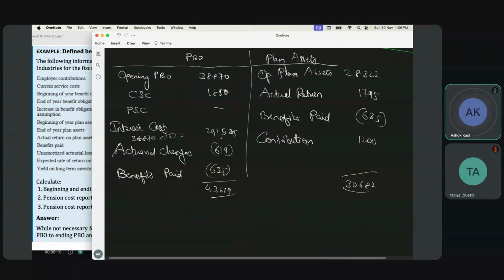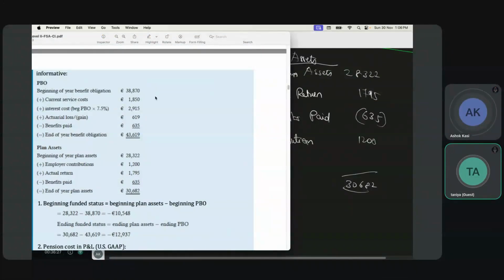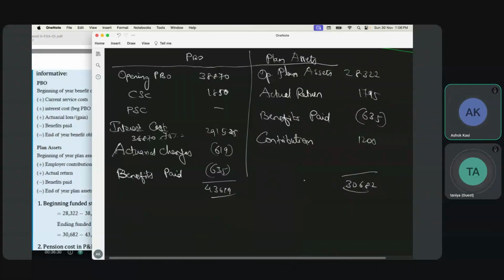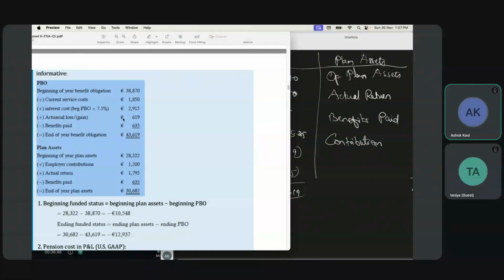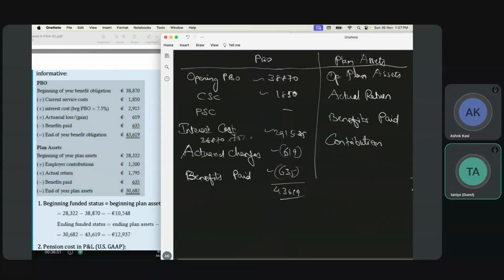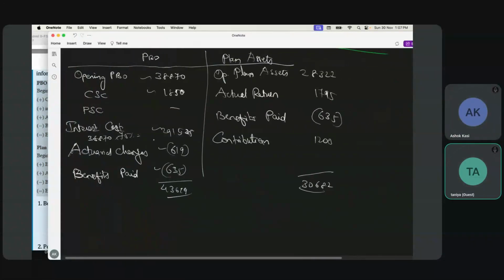Now just see if all these are matching. This is PBO 38,870. This is right. Interest cost is 2915, right? 619 and 635. Just check this number is matching, because we have taken it in minus. Actuarial changes, I have taken in minus only, but they have taken plus actually.